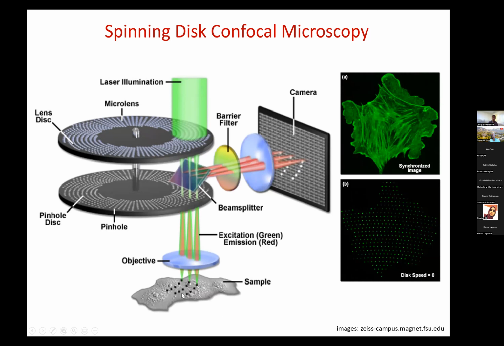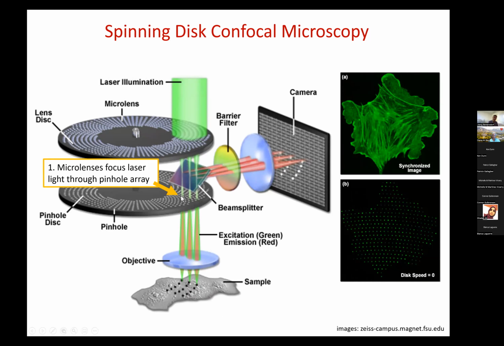We have our objective down here and our sample down here. And then we have a microlens disk, which is linked to a pinhole disk, and they can rotate synchronously with each other. So the microlenses, or let's say 100 or so microlenses, are illuminated by the laser illumination at a particular point in time.